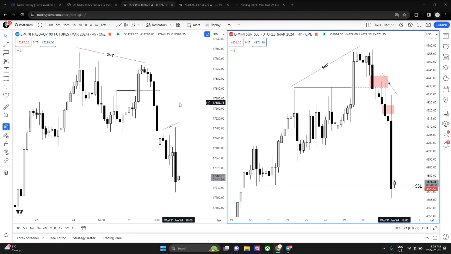Also, before we go into the next one, I need to give you guys some more information on quarterly theory, right? So if you are using the micro sessions, you need to be trading on the 1 minute time frame.